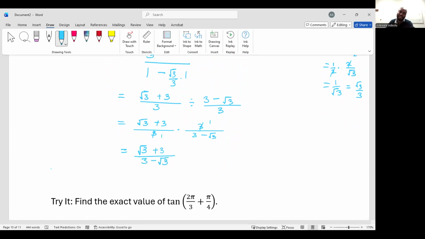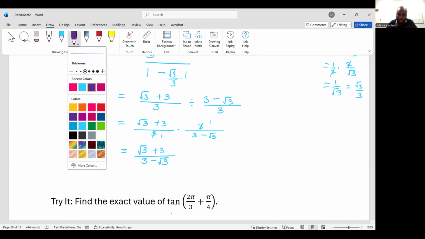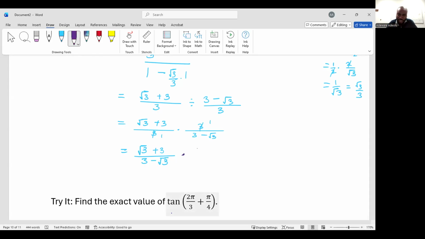Teacher, can I leave my answer here? Well, you may, but you will lose some points because we do not want to leave the radical in the denominator. So we need to rationalize the denominator by multiplying by 3 plus root 3 over 3 plus root 3.